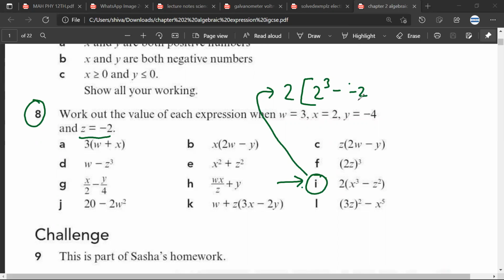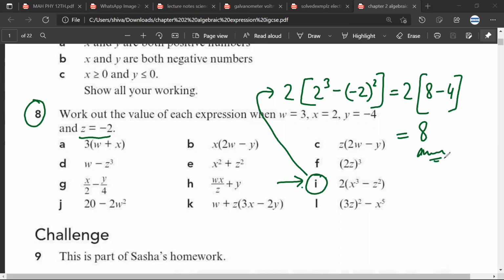So it will become plus 2, and 2 raised to power 3 is 8. So 8 minus 4. So it will be 2 into 2. So is it correct? Yes, sir. Aryaman, is it correct?